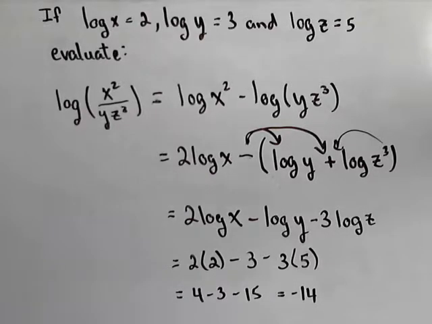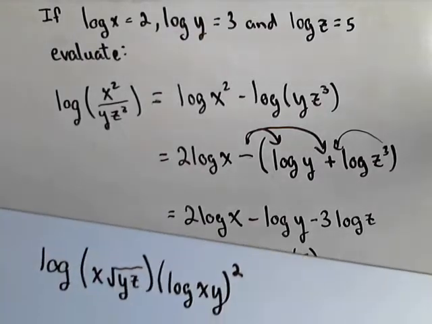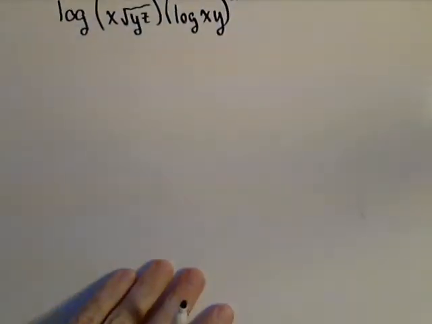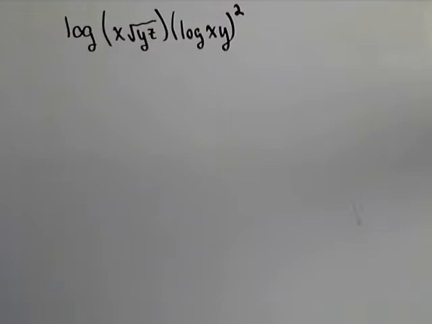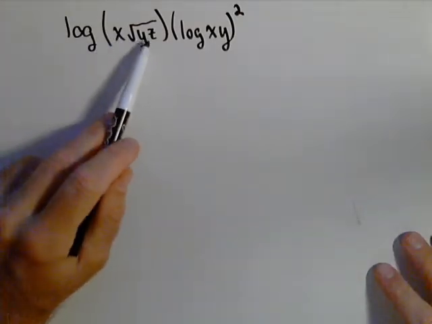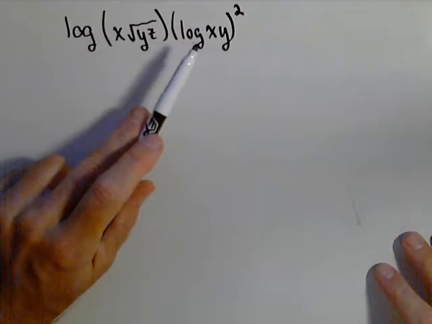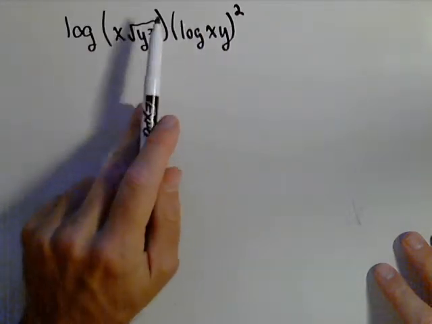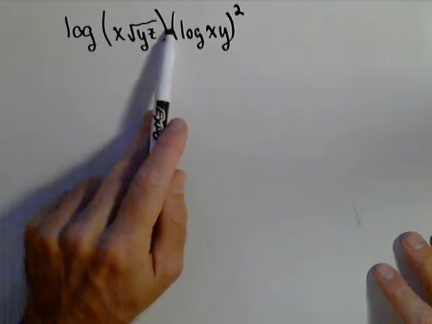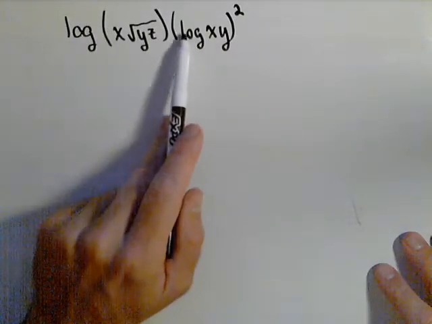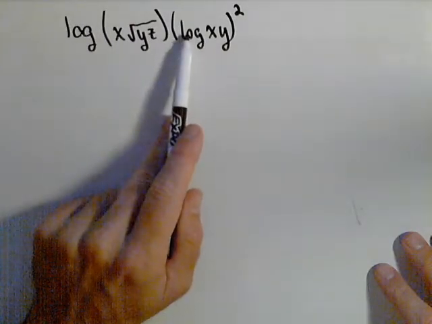Let's look at a little bit more complicated example and see what we can come up with. Here I have log of x times the square root of yz, times the quantity of log xy squared. Now these are separate logs, so I don't have a property for the multiplication of 2 logs.